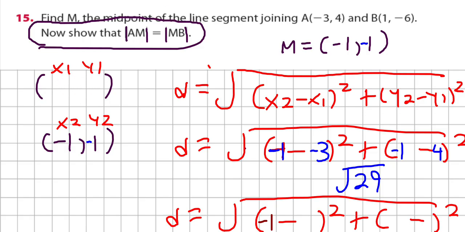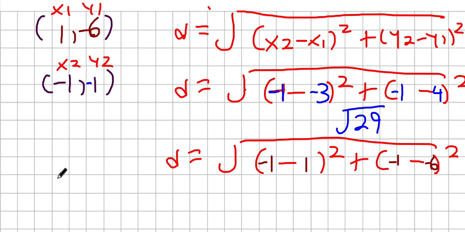I'm on a roll. Thank you. So the 1 from B. And then this part here. -1 and -6. Yeah. Throw that into the calculator. Remember the double minus. And what do you get? Root 29 again. Hence proving that they're both the same.